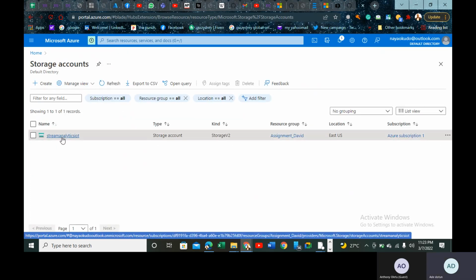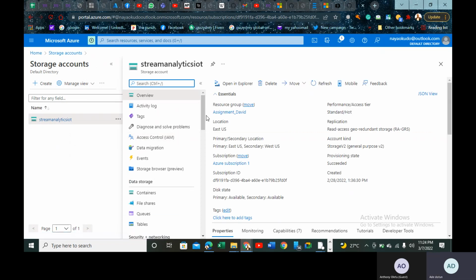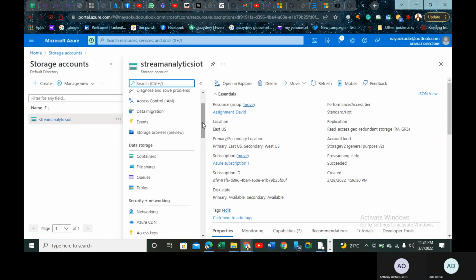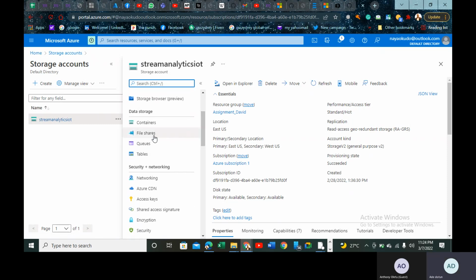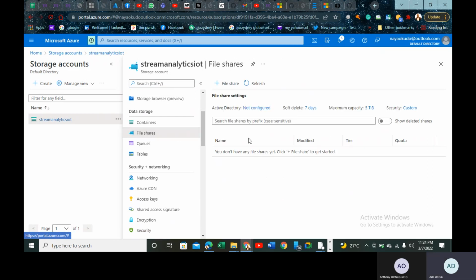So basically, your container would just store blobs. Remember your blob, your binary large object. And then we move to file share. One thing your file share does is that it is easier for you to map.